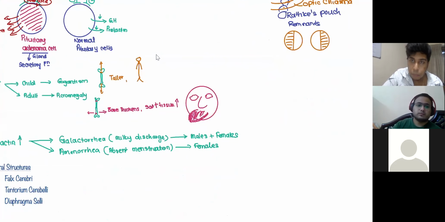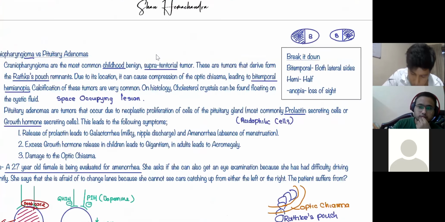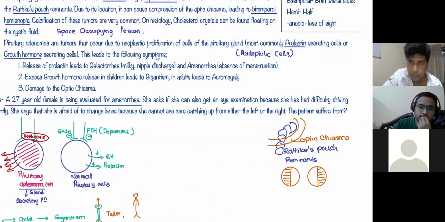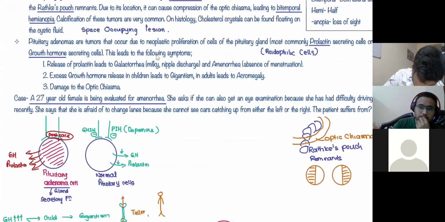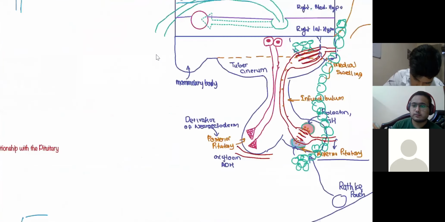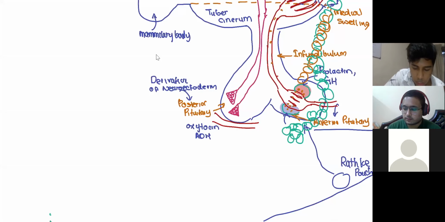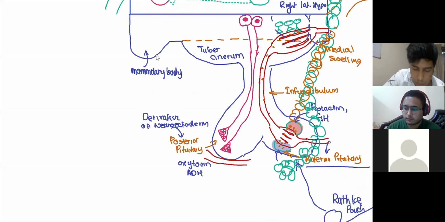You get bitemporal, or bilateral, hemianopia, because those cells can grow and cause the optic chiasma to be pushed.